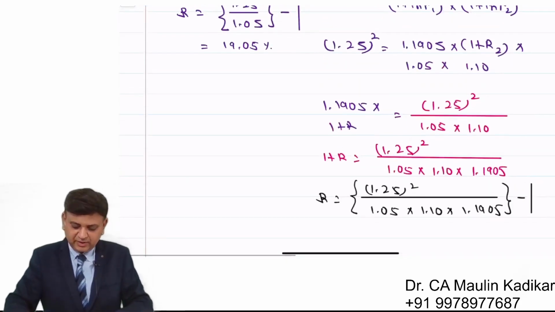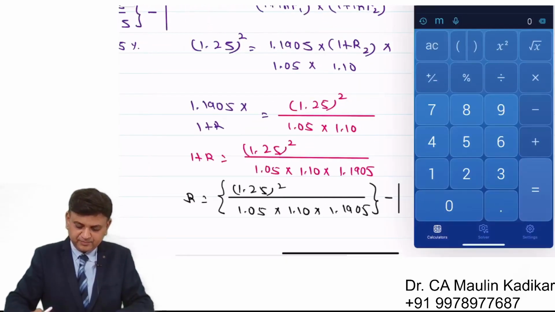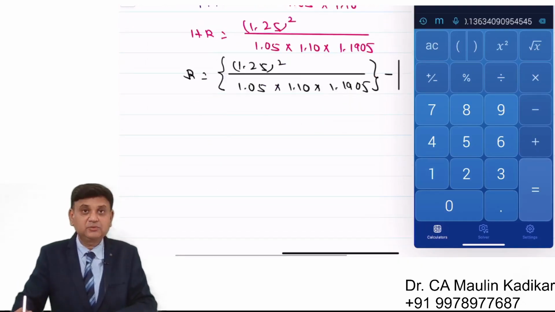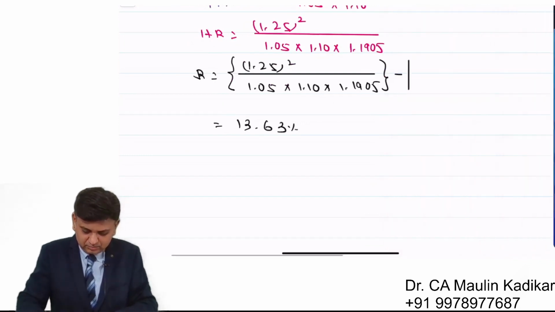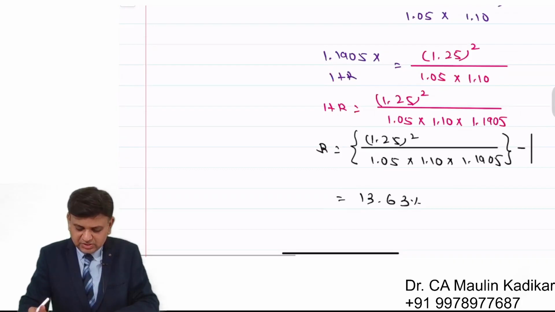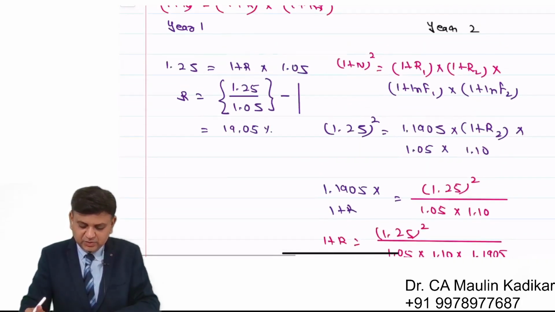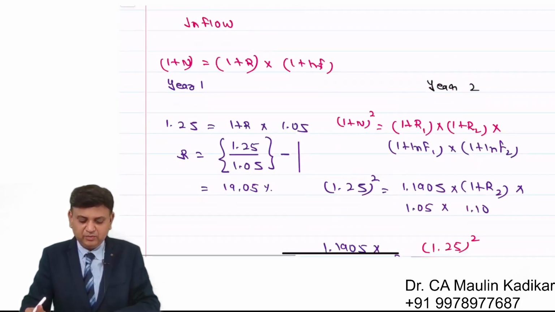This is the way we are required to find the answer. 1.25 square divided by 1.05 divided by 1.10 divided by 1.1905, whatever the answer, minus 1. That comes to 13.63%. So this is the way the real rate of interest for inflow for the second year will be found.